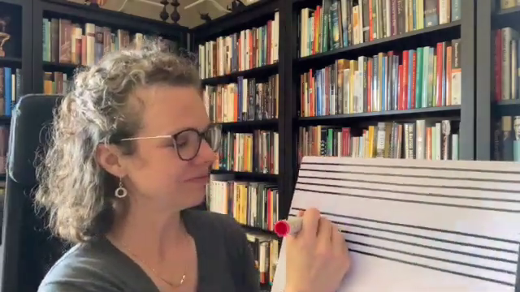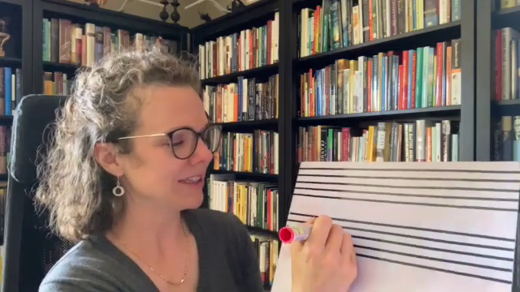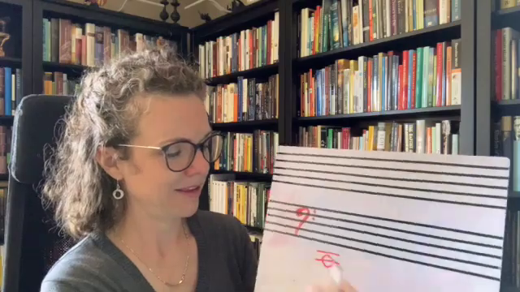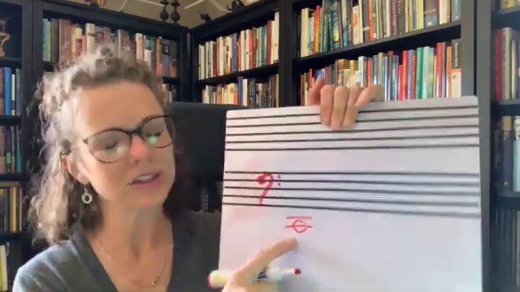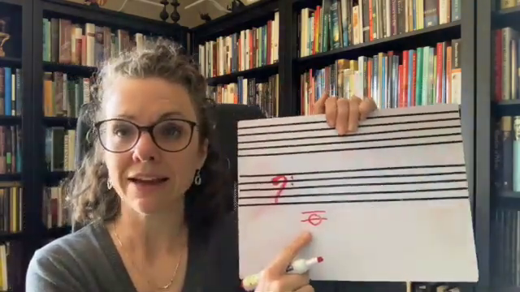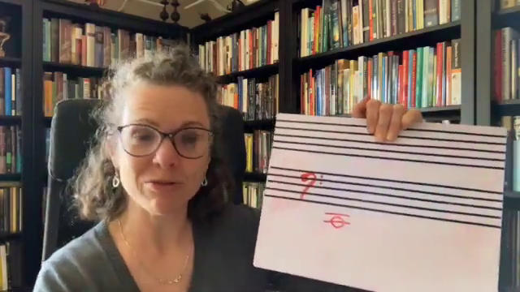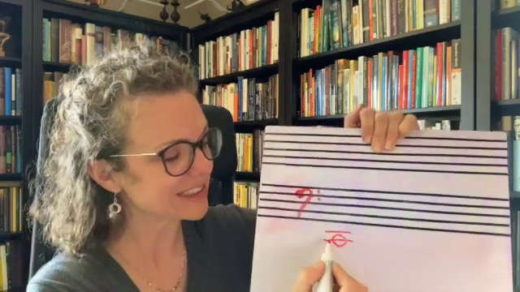Cellos, here we go. Bass clef. For your C string, for my piano students, I call this Grandpa C, because it's way down low for piano and it's way down low for cello. So 2 ledger lines down.